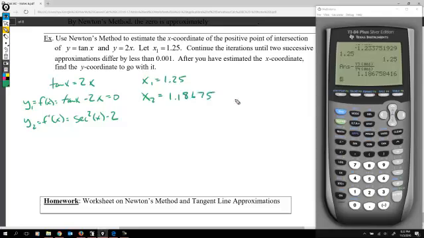We'll go a little further. Let's do it again. I got 1.16702. Let's keep going. I got 1.165568. Still not enough of a difference, so let's do it again.